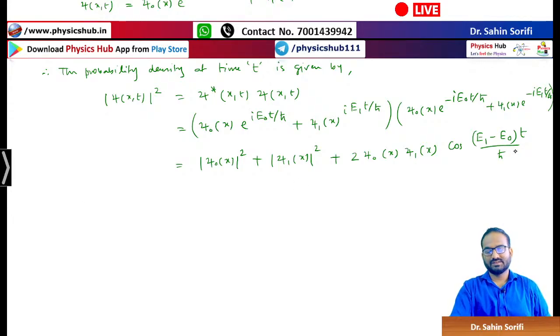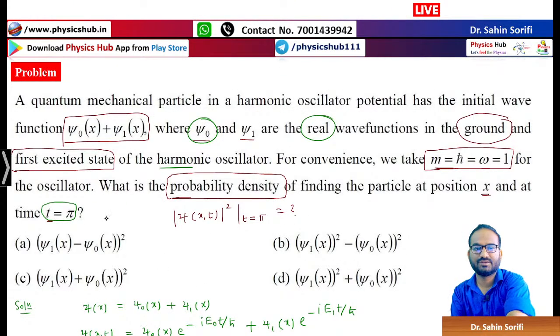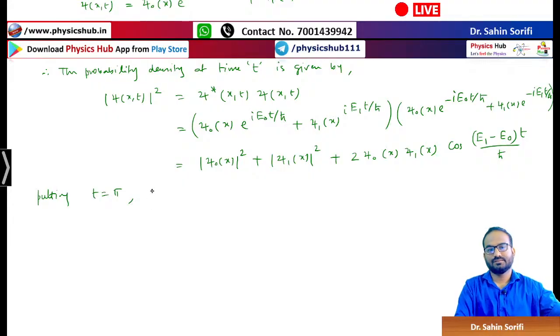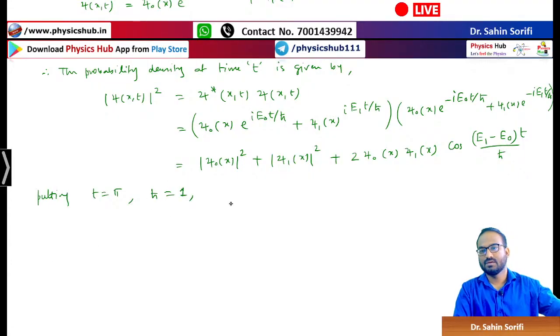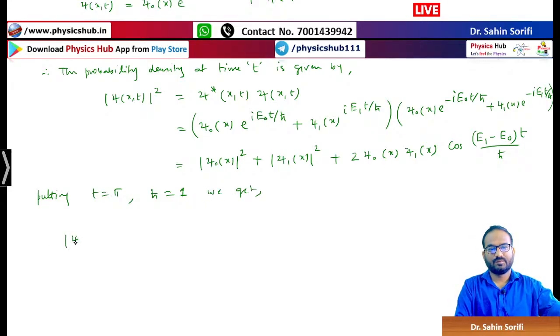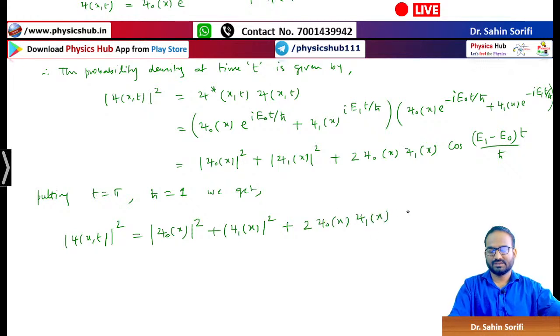Now h cut is given to be 1, so you can put h cut equals 1. Putting t equals pi, h cut equals 1, we get mod psi of x,t whole square equals psi 0 x square plus psi 1 x square plus 2 times psi 0 x psi 1 x cos (E1 minus E0) t.